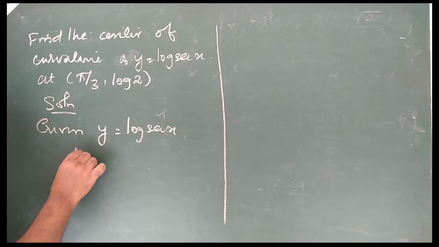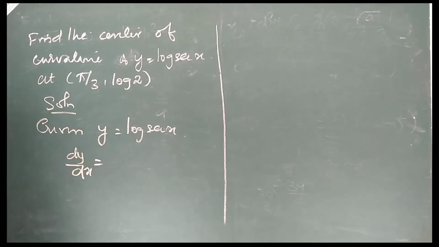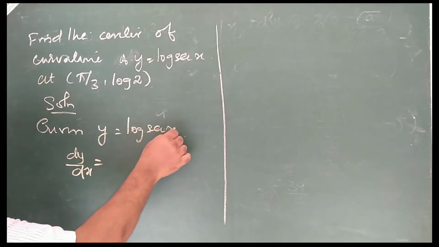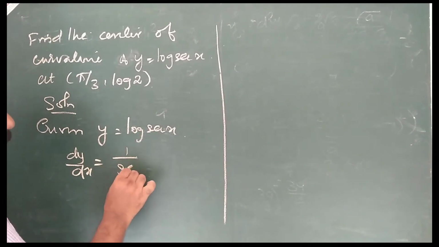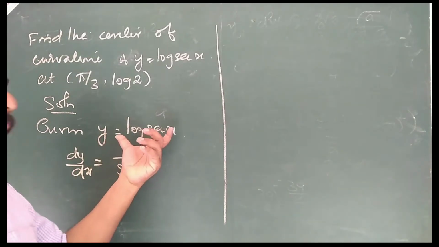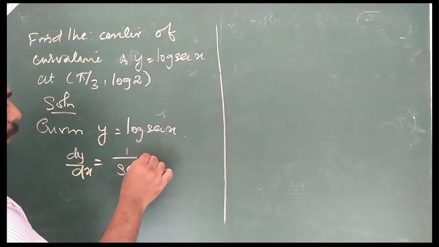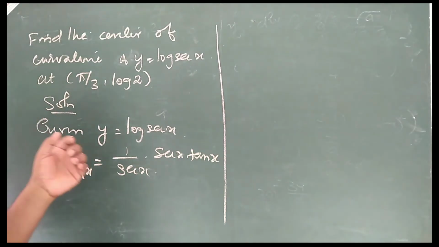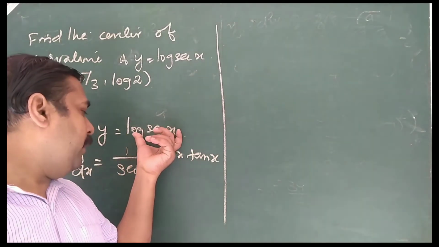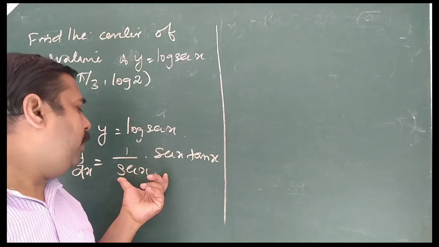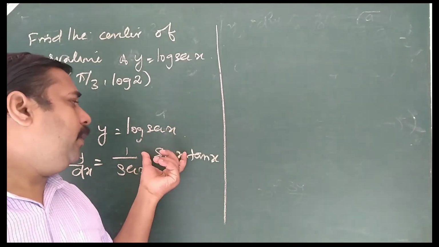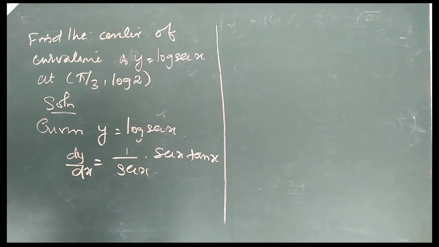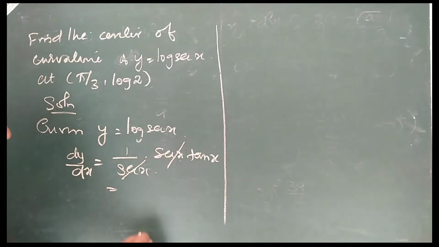So dy by dx of log sec x: the differentiation of log is 1 by sec x, into the differentiation of secant x, which is sec x into tan x. So sec x cancels, that is equal to tan x.